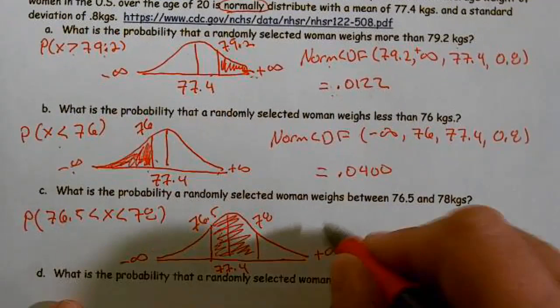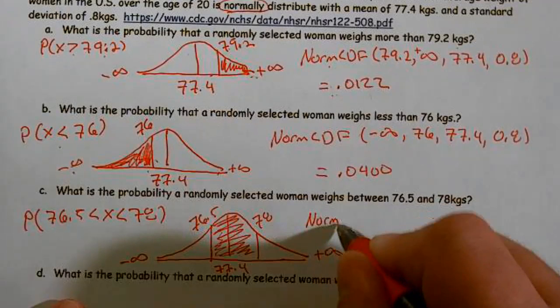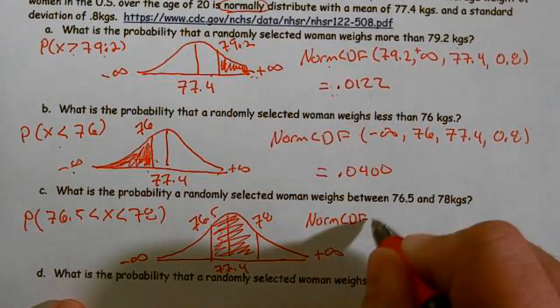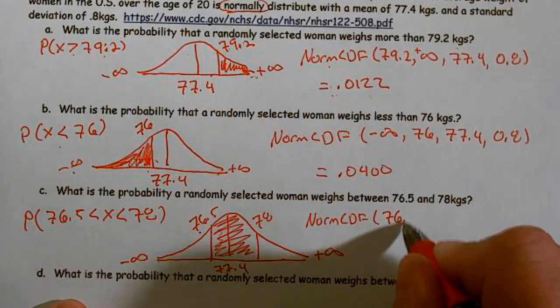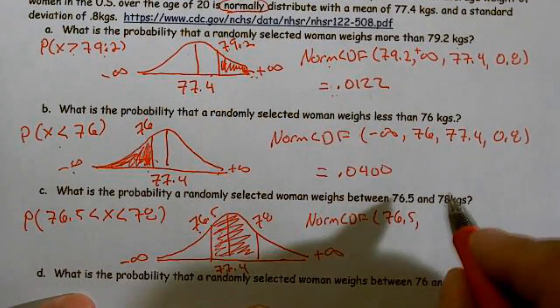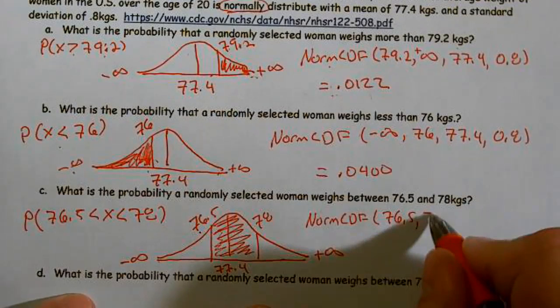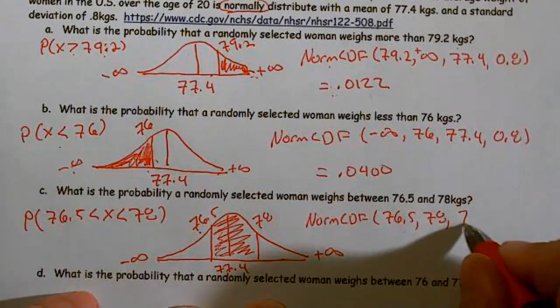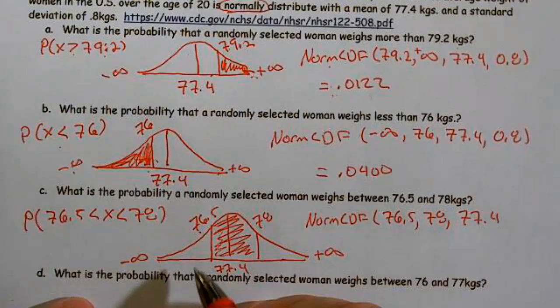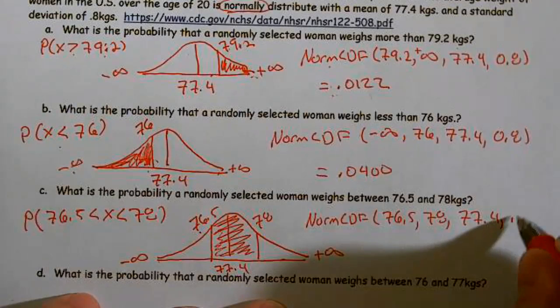So once again, norm CDF. The lowest part of my shading was 76.5. The highest part of my shading is 78. My mean is 77.4, and my standard deviation is 0.8. All right.